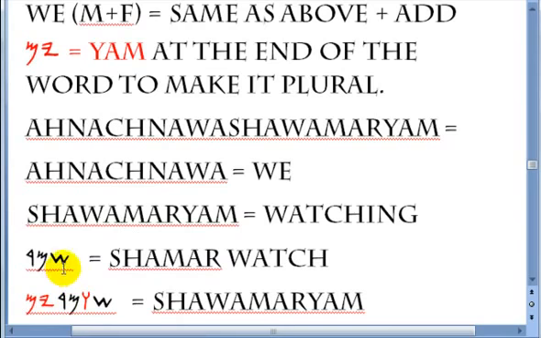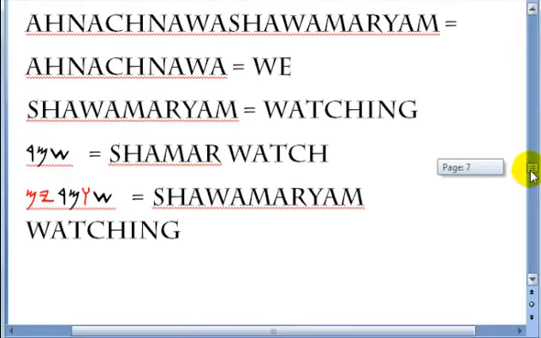I have it here for you again. Shamar, which is watch. You add the wa between the first and the second Hebrew characters, and a yum at the end to make it masculine. So shawamayim would be watching, in the present tense.